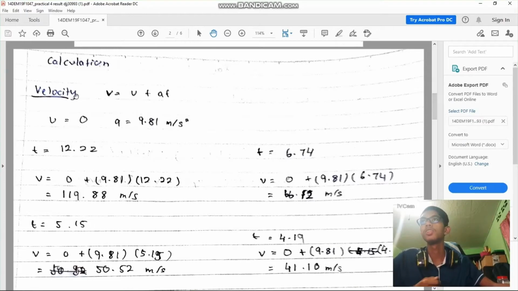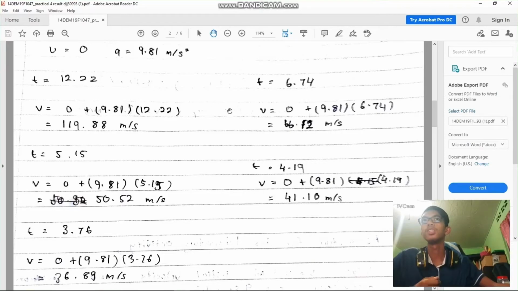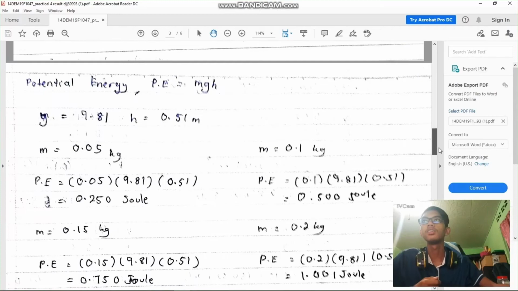This is for velocity using this formula, u equals 0, acceleration 9.81 meter per second squared, and using the average time, we calculate one by one. Then for the calculation of potential energy, PE equals mgh.